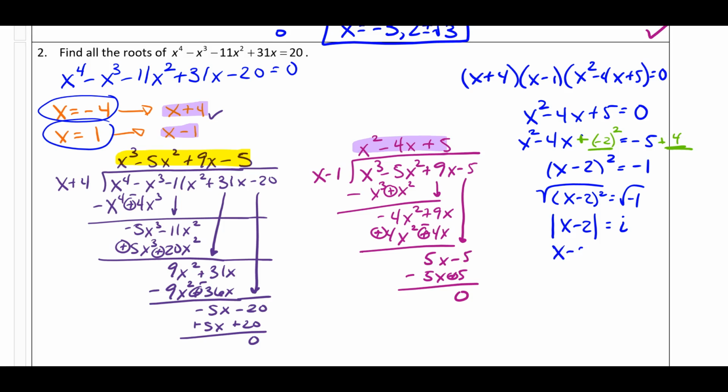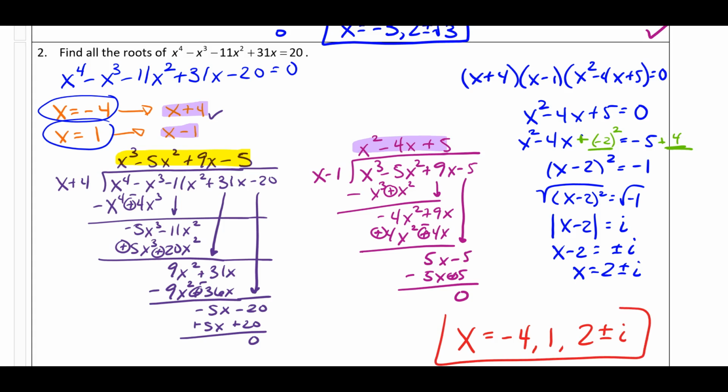So x minus 2 equals plus or minus i, so x equals 2 plus or minus i. Our final solutions would be x equals -4, +1, and 2 plus or minus i.